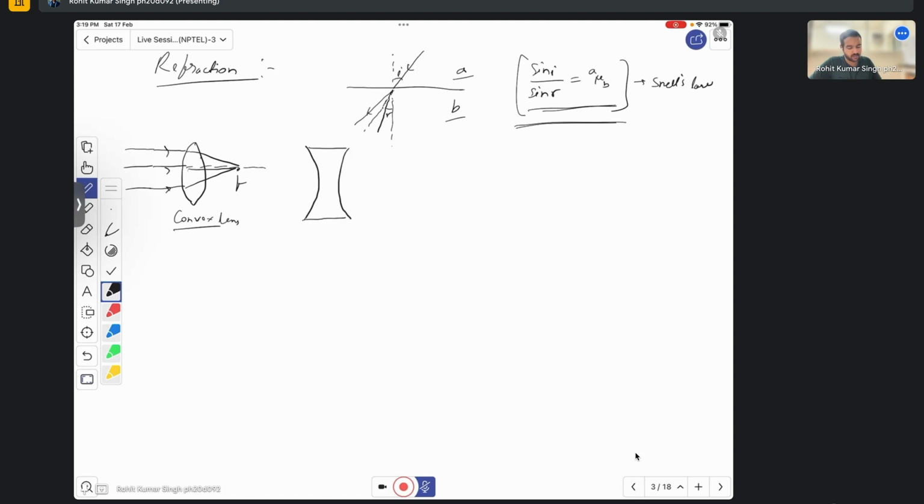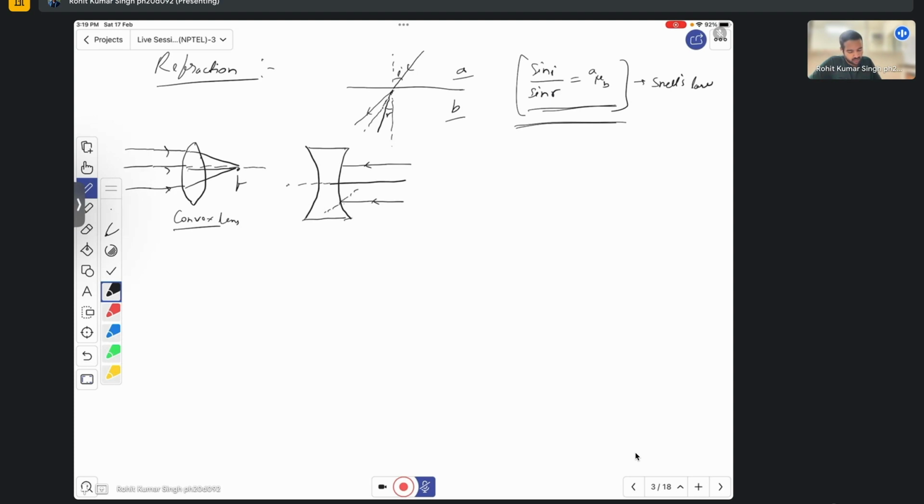And similarly you have the concave lens. In the case of a concave lens, suppose now the light ray is coming like this, and here the normal is like this, right?